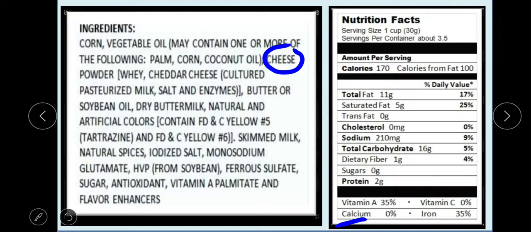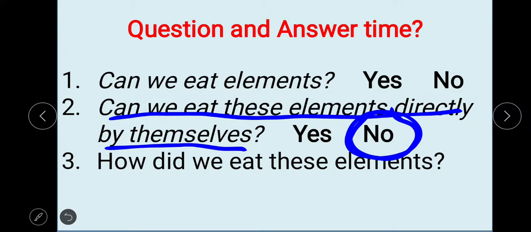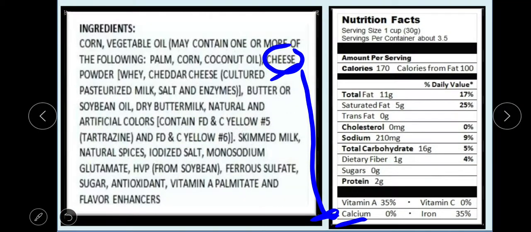So if I am going to eat this product, I am eating cheese that contains calcium. So the answer is no, because I am not eating the element alone. I am eating the element in the form of cheese. By eating the cheese, I am eating the calcium. That's as simple as that.